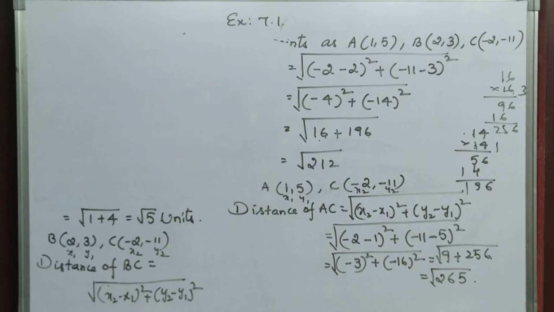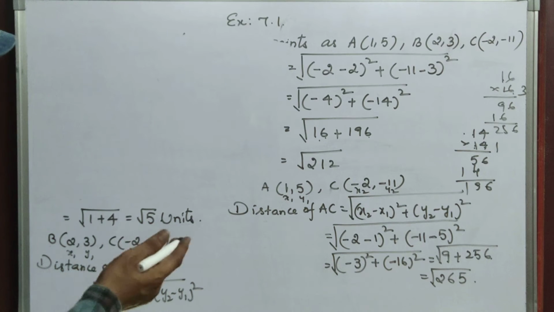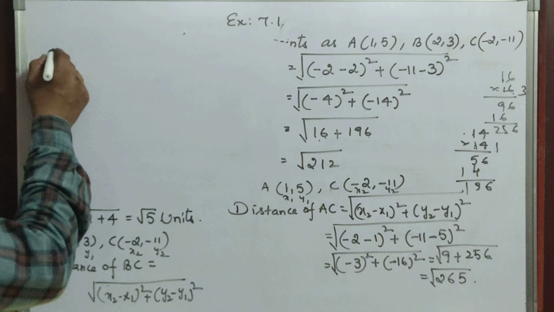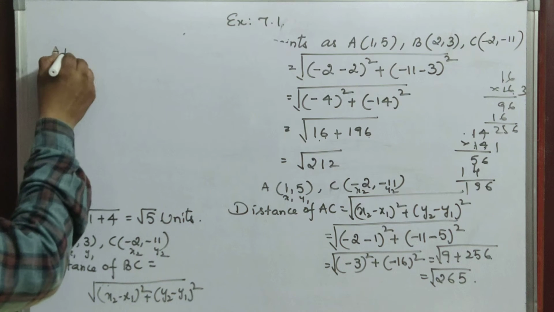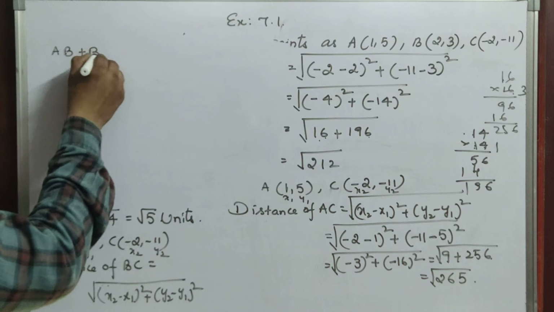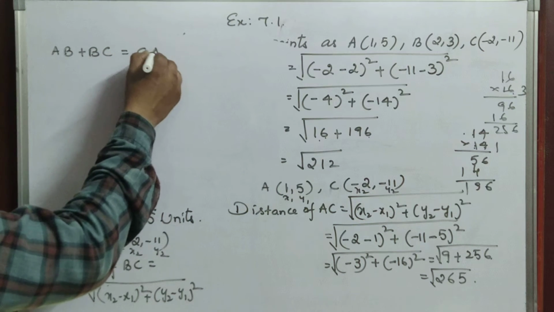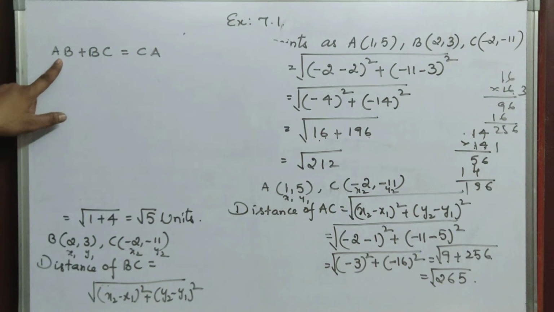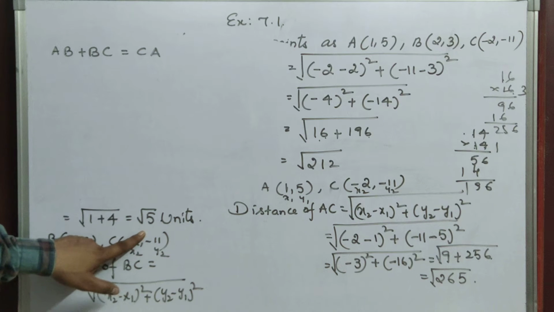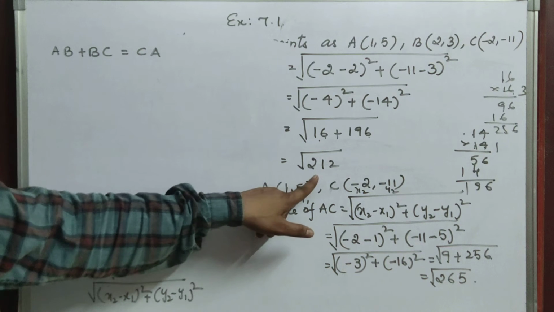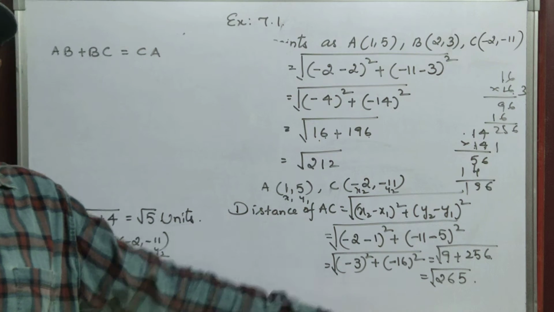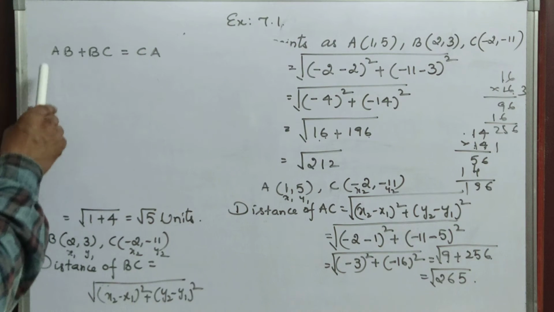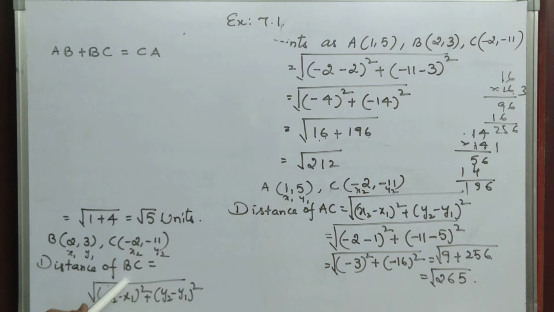Now check according to our points, that means collinear points. I gave how to check, no? AB plus BC equals to CA. So AB is how much? Root 5. BC root 212. This is root 265. Can you add these two first of all?